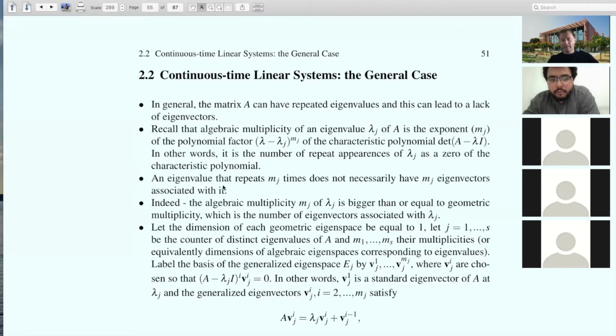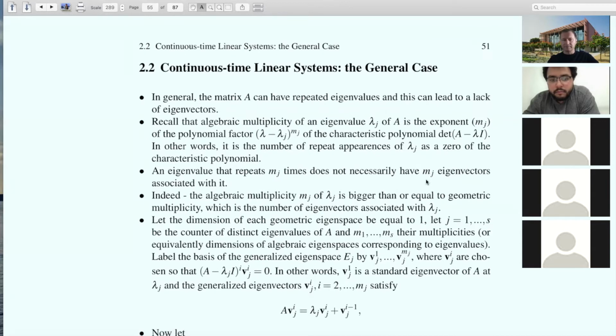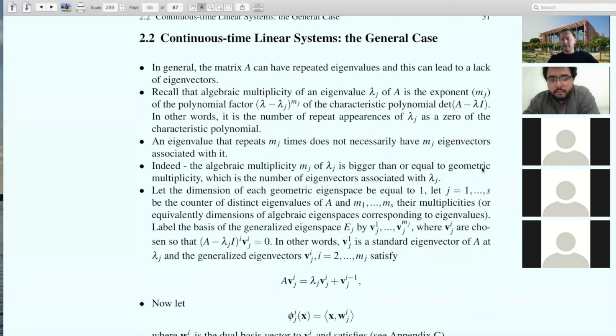As I said, an eigenvalue that repeats mj times does not necessarily have mj eigenvectors associated with it. And so we define another concept, which is geometric multiplicity, which is the number of eigenvectors associated with a repeat eigenvalue. And that is always less than or equal to the algebraic multiplicity.